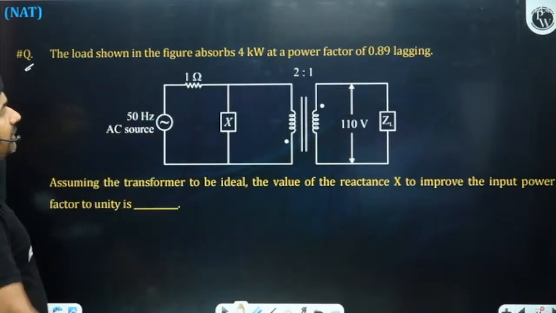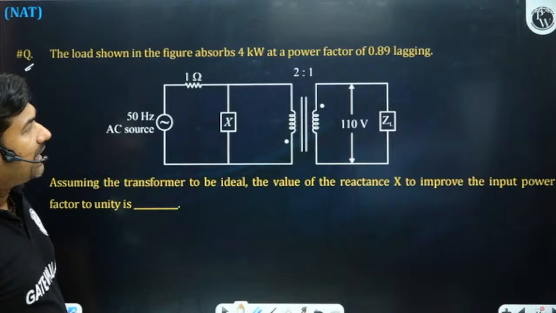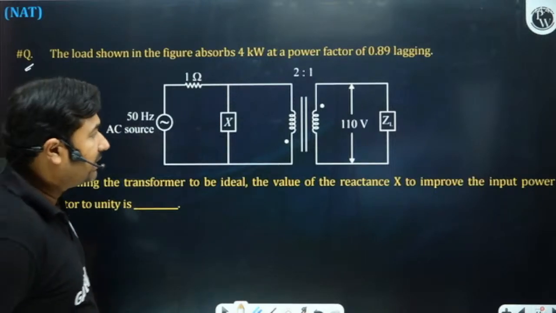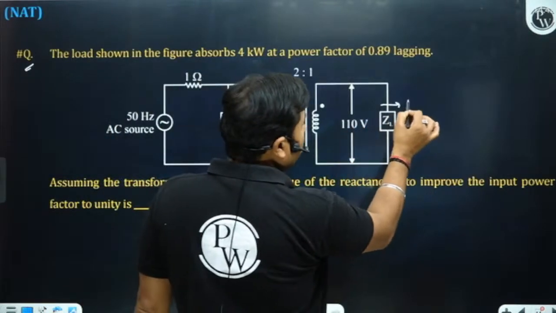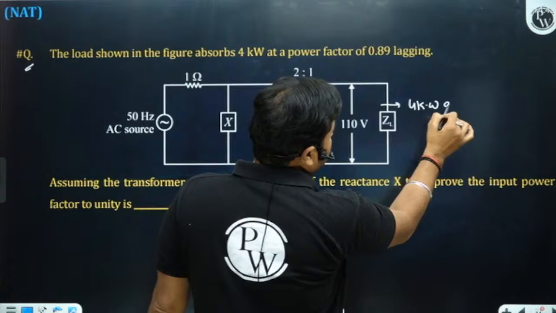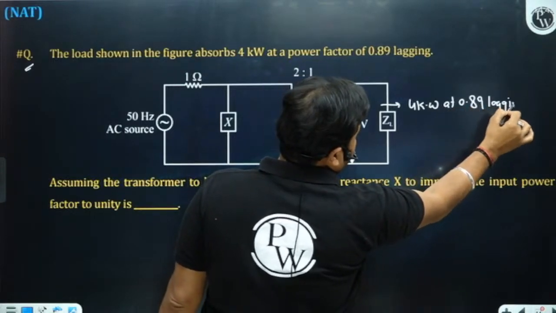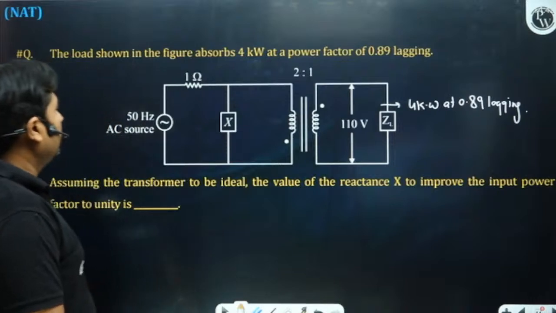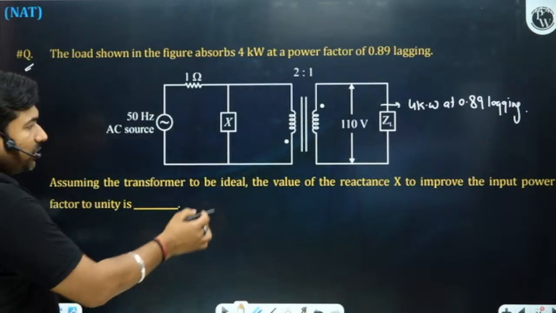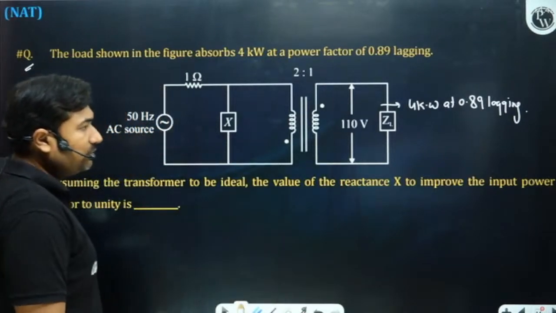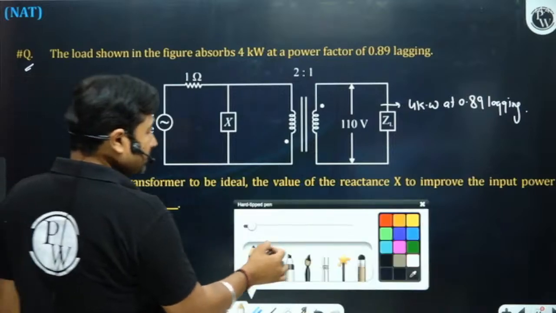The load shown in the figure absorbs 4 kilowatt at 0.89 power factor lagging. So this load is going to absorb 4 kilowatt at 0.89 lagging. Further, assuming the transformer to be ideal, the value of reactance X to improve the input power factor to unity is?